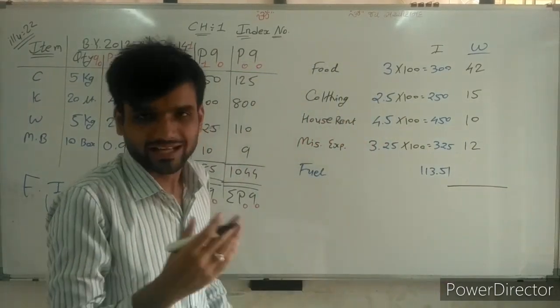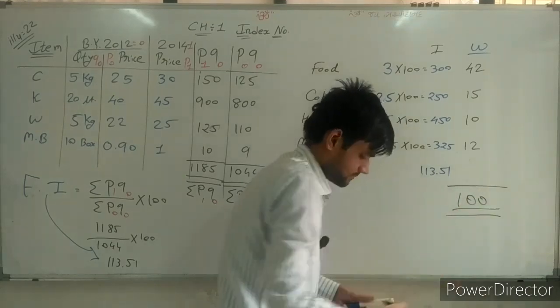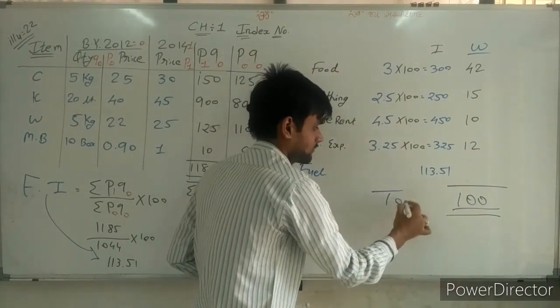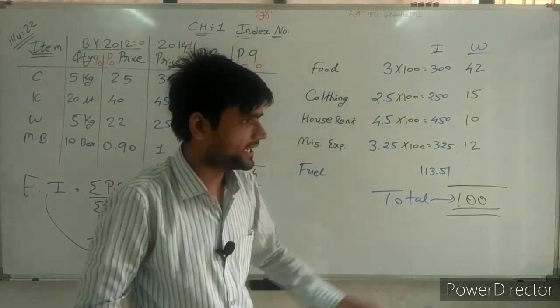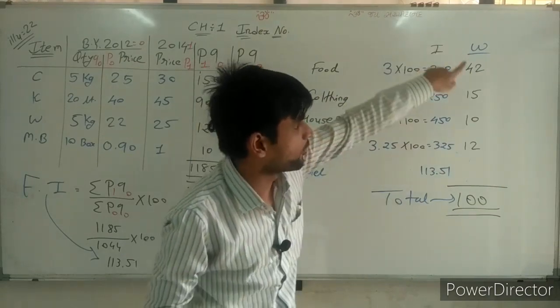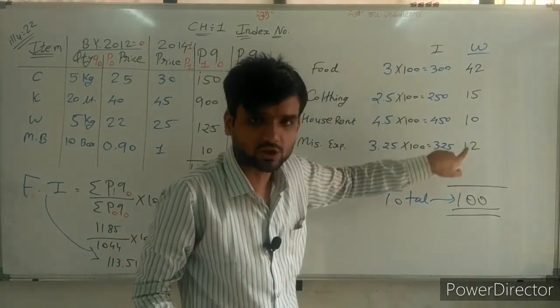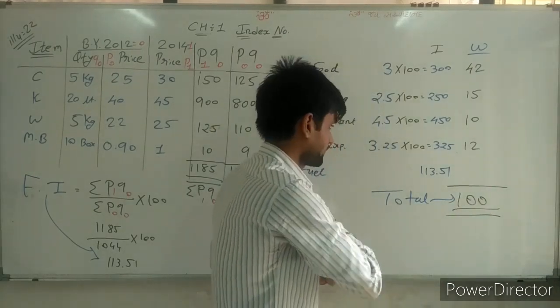Now for fuel, there is no information because only one item is remaining. In total they are spending a 100% amount. From this 100%, they are spending 42 here, 15 here, 10 here, 12 here. So what about the remaining?